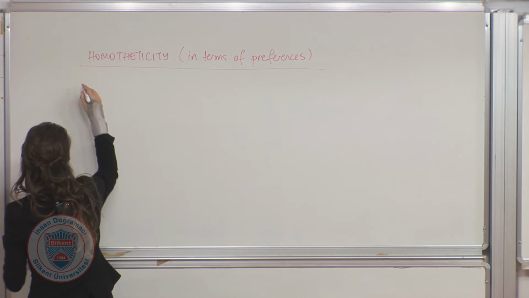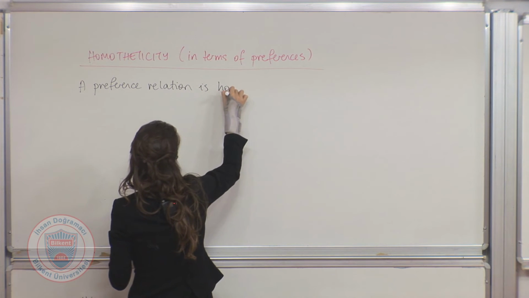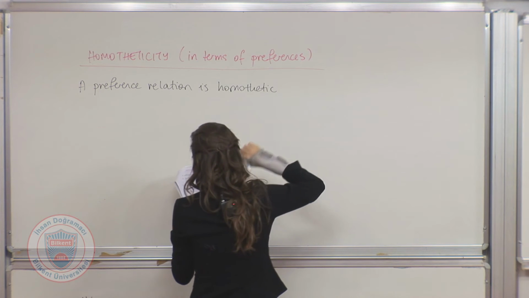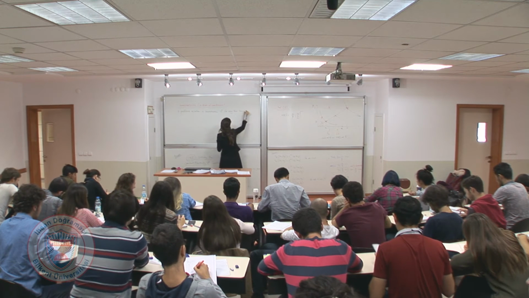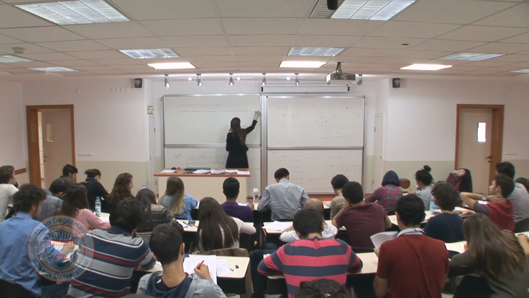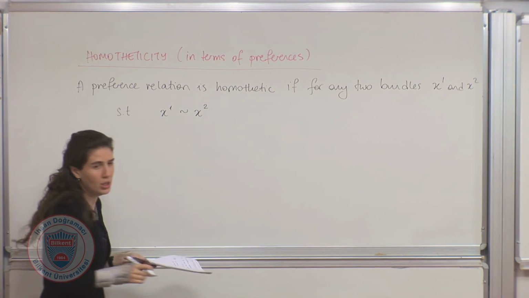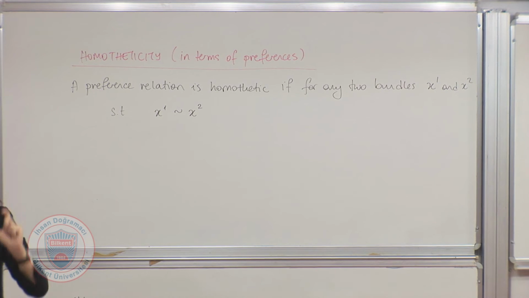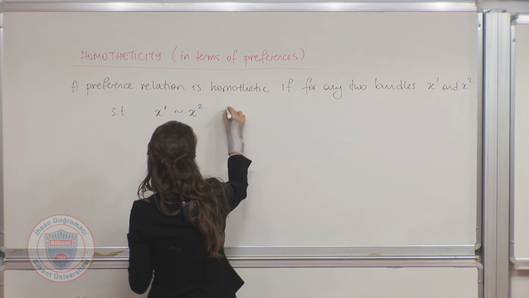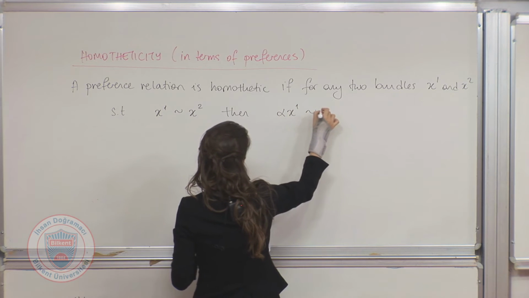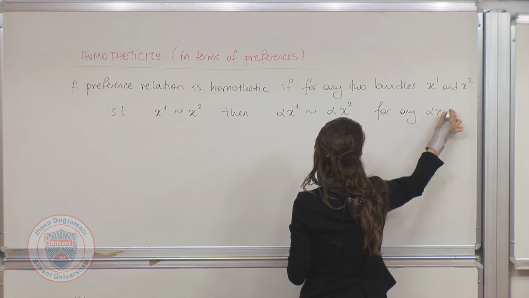So let me tell you this. A preference relation is homothetic, okay, if for any two bundles, call them x1 and x2, such that x1 is indifferent to x2 (don't forget that x1 and x2 might have n goods), then alpha x1 is also indifferent to alpha x2, for any alpha positive.